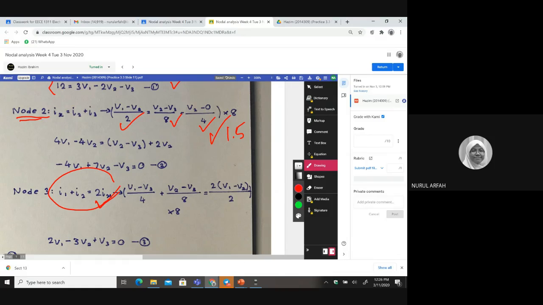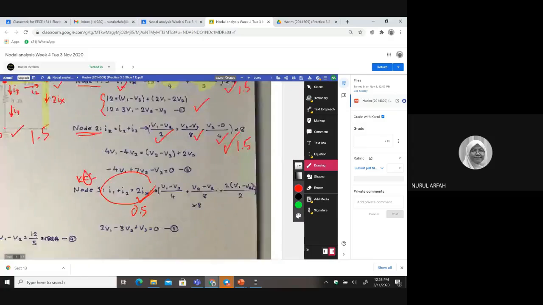So meaning to say you will not get 1.5. Maybe you will get like 0.5. But you still get some marks because you have shown me some information. This is KCL, right? You apply Kirchhoff's current law at this node, so I can still give you marks there.